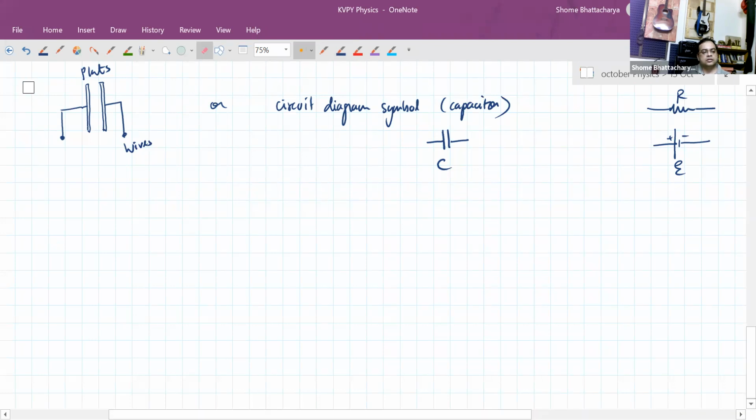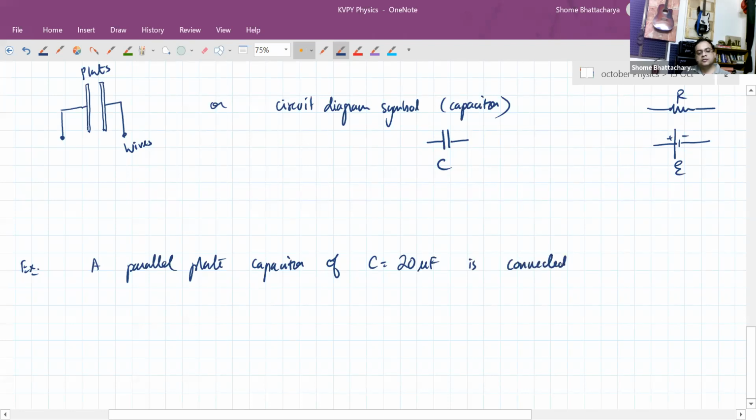Okay. Now coming to our particular example, a parallel plate capacitor of capacitance equal to 20 microfarads is connected across a battery of voltage 1.2 volts.